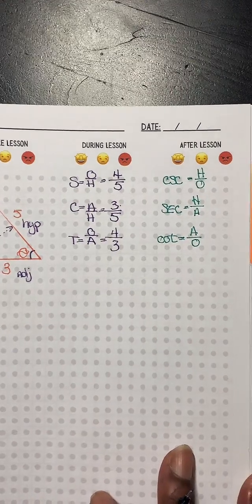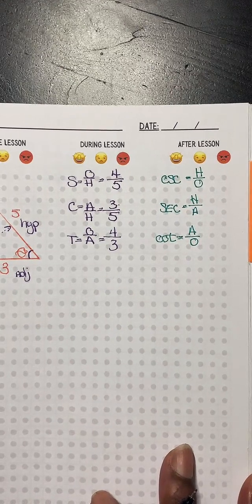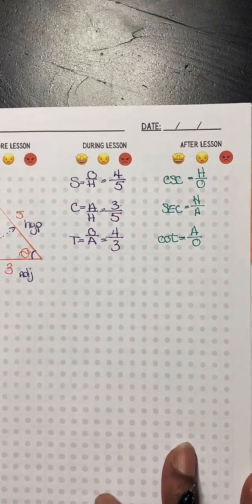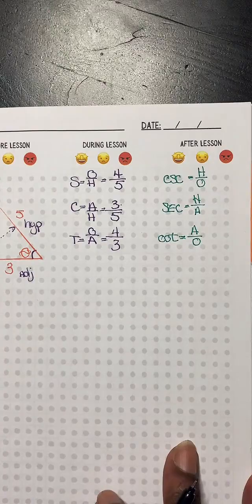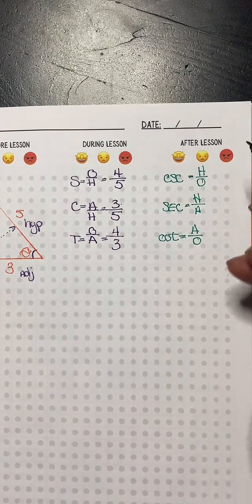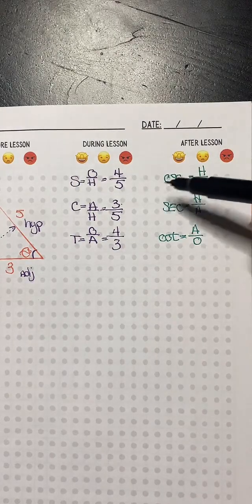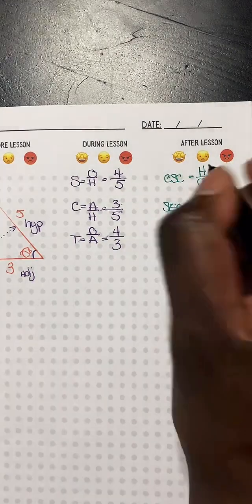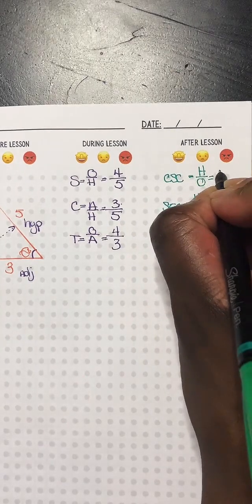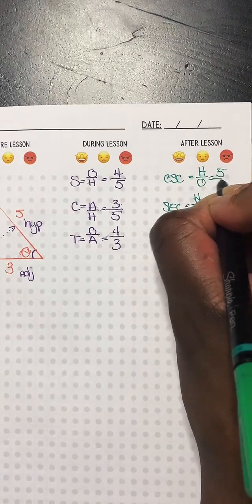So all you have to do is flip them around. So if opposite is 4 and your hypotenuse is 5, that means it's going to be 5 over 4.